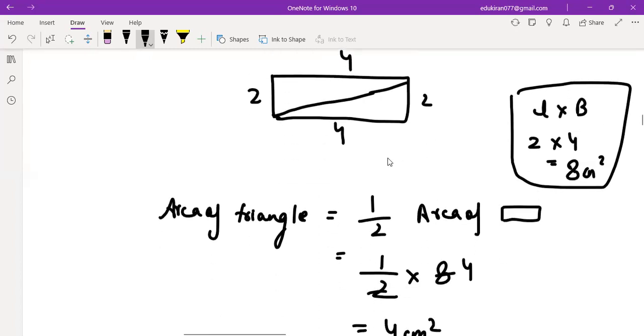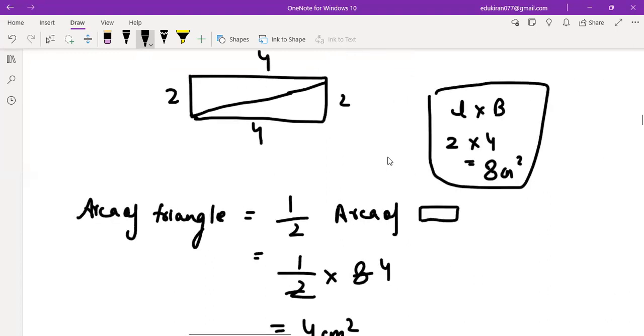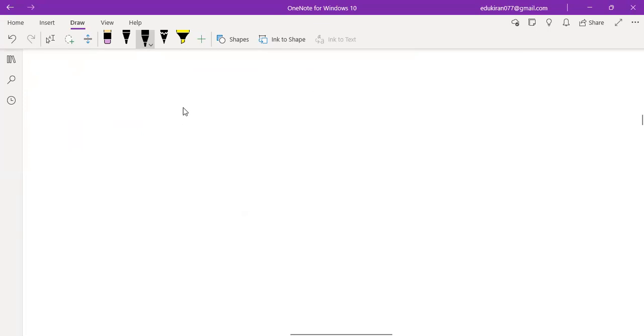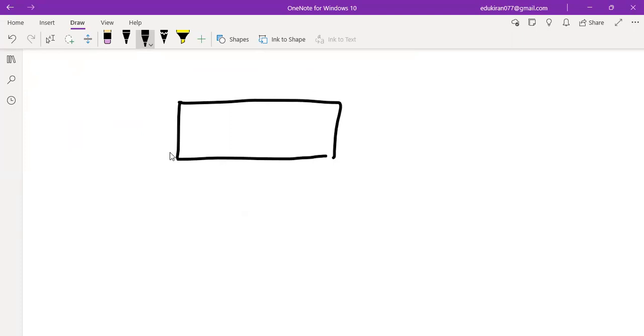Everybody got it how to do this? No, ma'am. Can you explain it again? See, let's take an example. This is a rectangle I have given you, with sides 2 centimeter and 3 centimeter, and this is a diagonal.